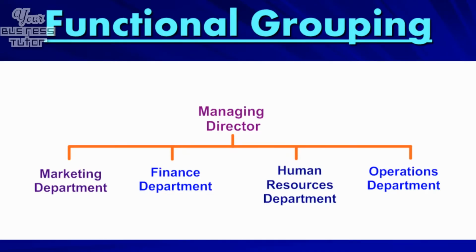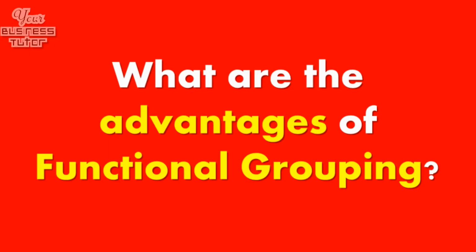In most organisations, as the diagram shows, the core functional areas are marketing, finance, human resources and operations. Sometimes functional grouping will also include an administration and information technology department, which provides office and computing support to other functional departments. Okay, let's now move on to our next question and ask, what are the advantages of functional grouping?